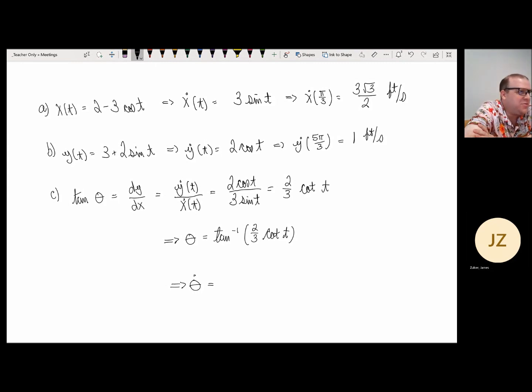We need the derivative of 2/3 cotangent, which is the derivative of cotangent.